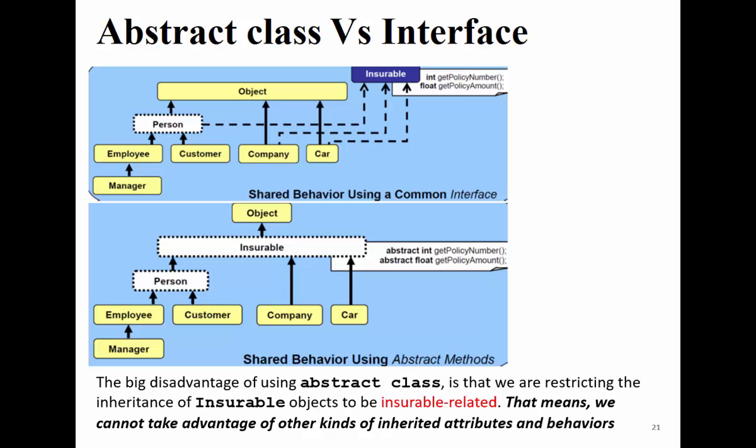Again, there's a big question about this. Do I need it to be part of the inheritance, or do I need it to be separate? A Car is now an object of Insurable if I use the abstract class, okay? But Company and Car and the one on the top are independent, but both implement the Insurable interface.